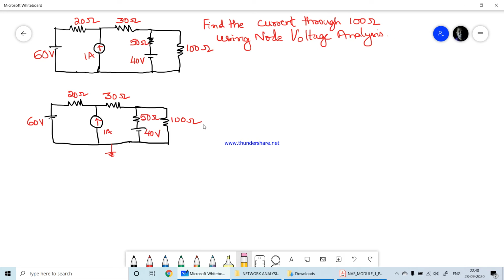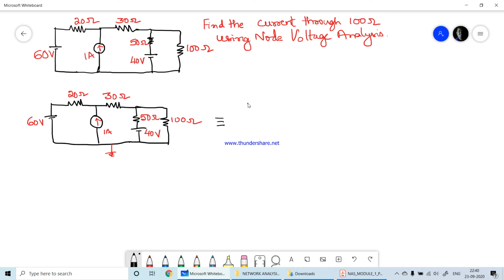Now for this, writing the matrix directly is not something we can do yet. We should convert this into a diagram in such a way that we can write the matrix directly. For that, the voltage sources should be converted into current sources. So we do source transformation in the beginning.